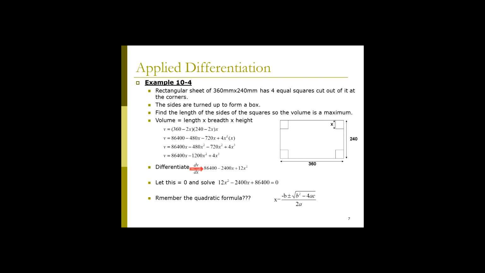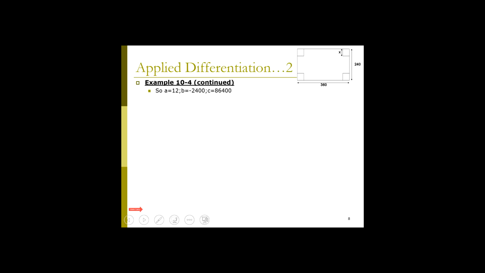So that's all we need to solve for x. a equals 12, b equals minus 2400, c equals 86,400. We plug those into our quadratic formula, and we get two possible values of x.